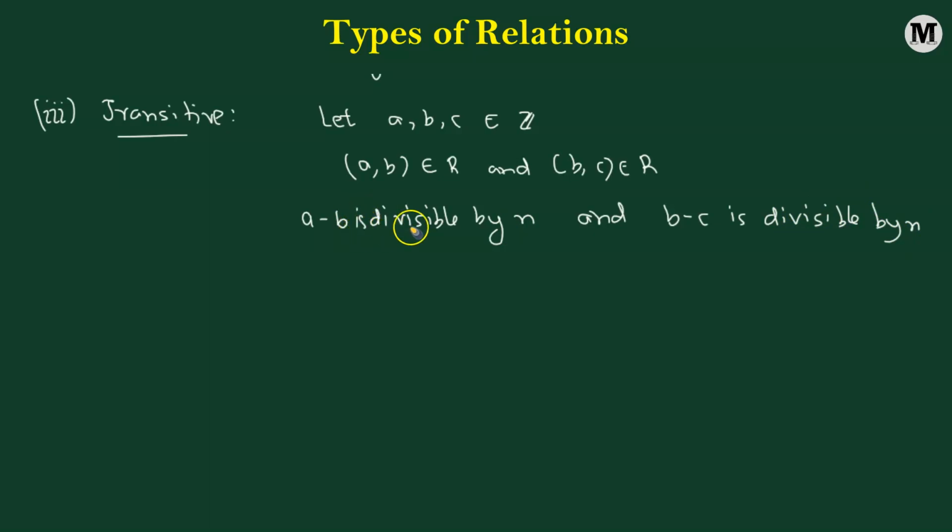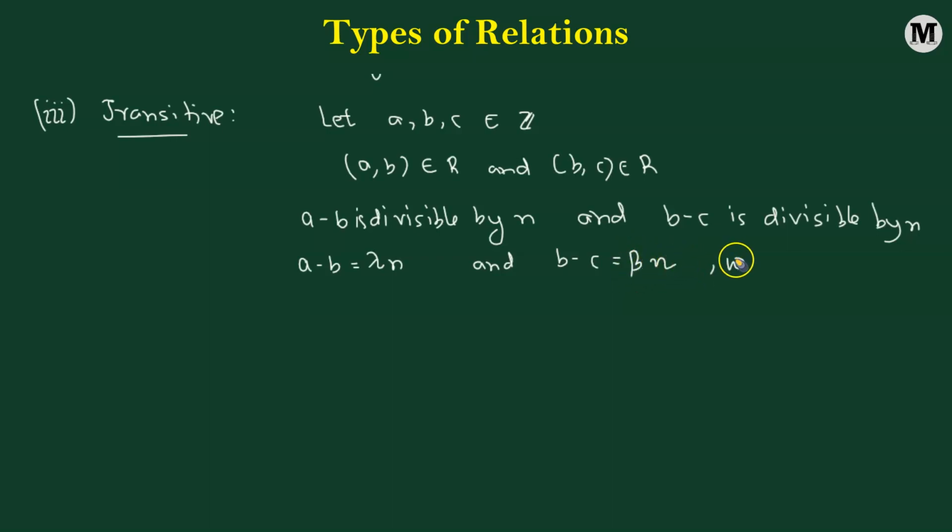So A minus B is divisible by N and B minus C is also divisible by N. A minus B is divisible by N simply means that A minus B must be equal to lambda times N, where we are saying that A minus B is simply a multiple of N, and B minus C being divisible by N simply means B minus C equals beta times N.